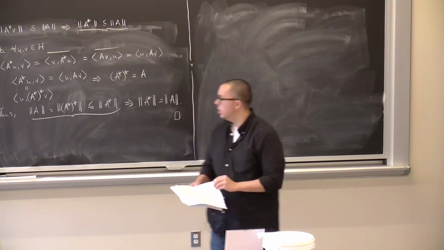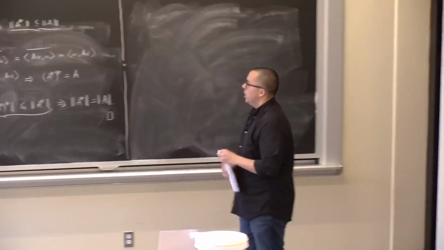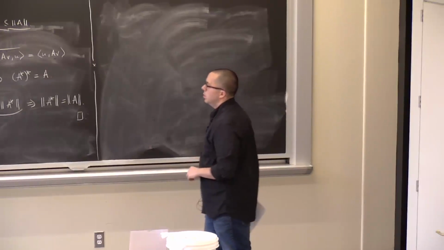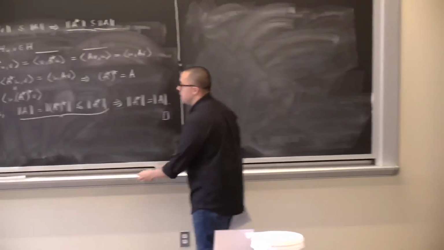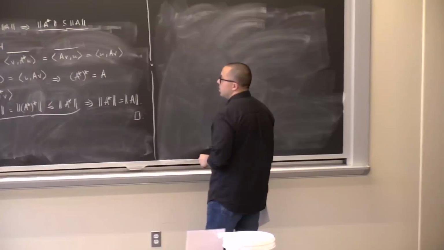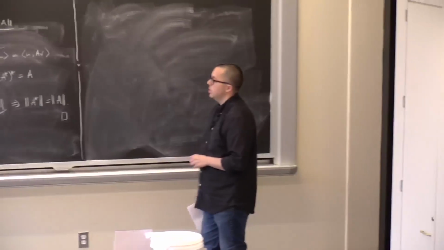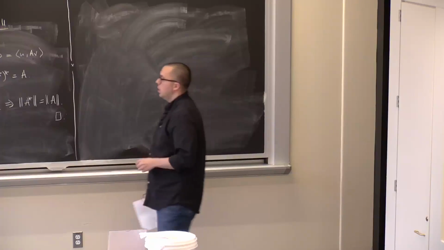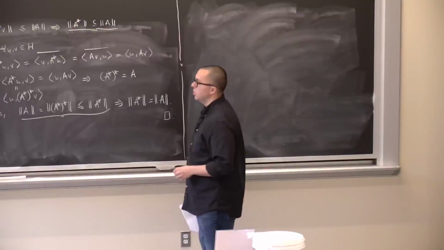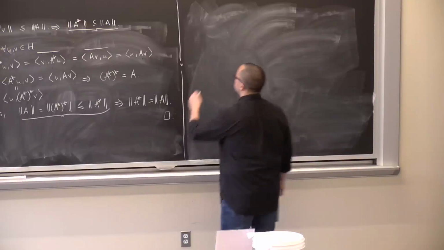So, I mean, what is this creature in practice? So let's take maybe a second simplest example. The simplest example would be if you're on C^n and R^n. Okay, so let's talk about that.